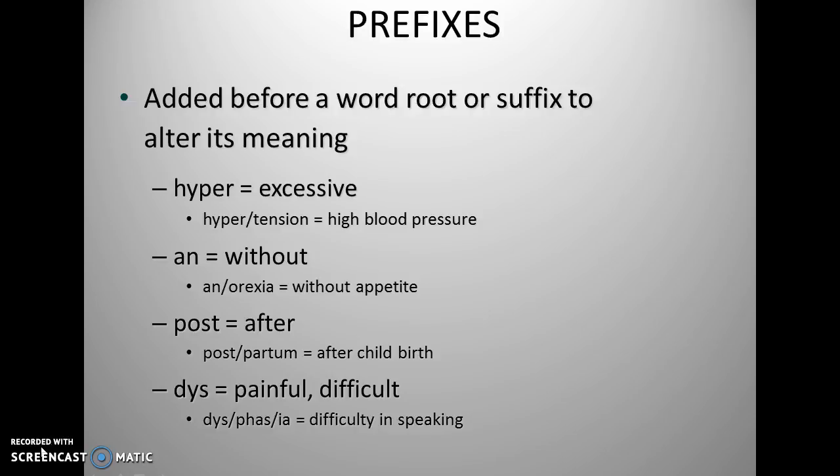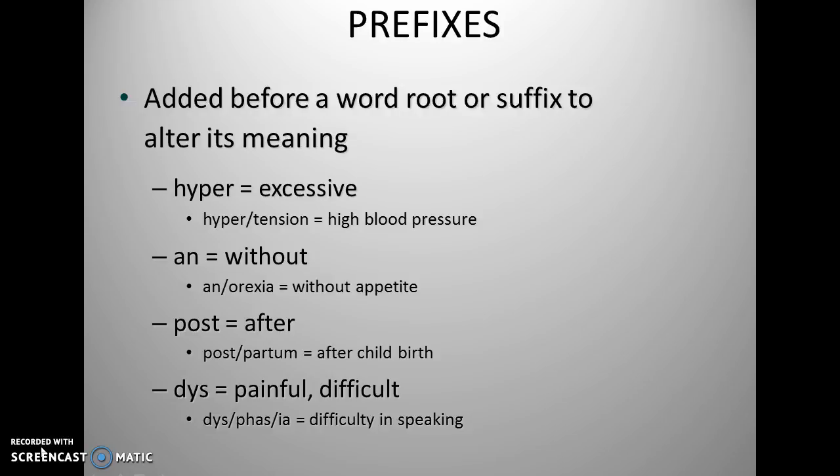Anorexia is a disease with body image in which individuals lose a lot of weight, and it can lead to even death, because the individual perceives that they are overweight when they are not. So you have an, which means without appetite. An is equal to without.